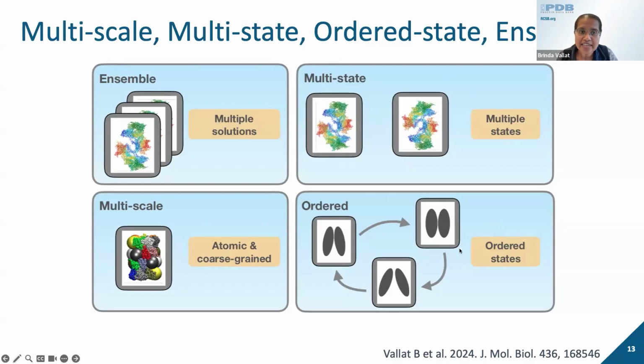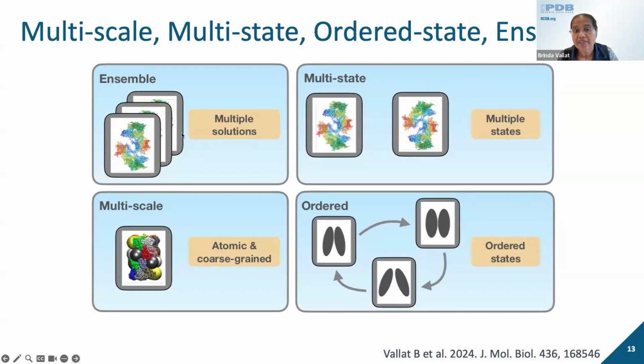And you can have ordered state, which is a higher level representation of multi-states. These are multi-state models that can belong to either a time-ordered path or another ordered path, such as an enzymatic reaction or biochemical pathway. And you can represent the system as an ordered state that satisfies the input restraints.